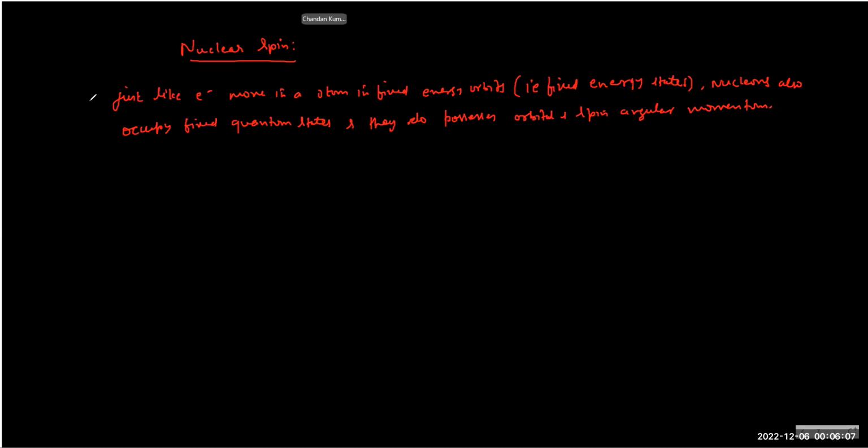Not only that, they do obey Pauli's exclusion principle. Now, this is important actually. So what is Pauli's exclusion principle? Two electrons cannot have all four quantum numbers the same, right?